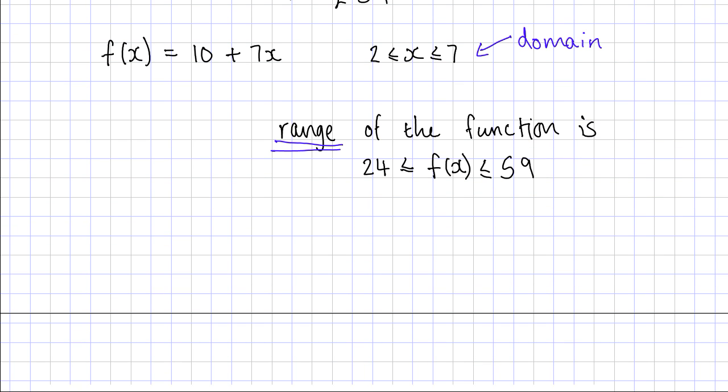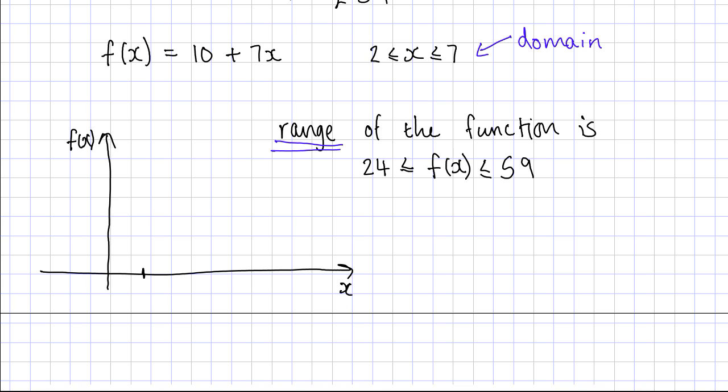Now one last thing that I'm going to do is draw a sketch for the function, so you can see how this is illustrated on some axes. My input values, I'm going to call them x, and my output values, I'm calling them f of x. The smallest x value I can take is 2, and the largest x value I can take is 7.